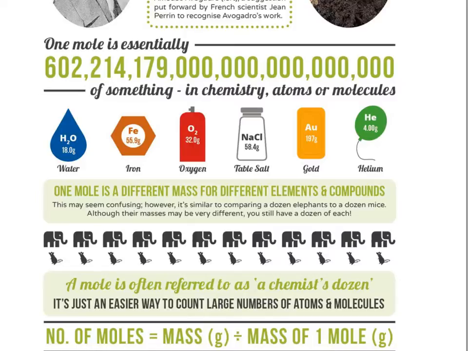The mole is the chemist's dozen because when we talk about a mole of oxygen molecules, which is equivalent to 32 grams, that allows us to talk about something on a scale that has more meaning to us. The mole is an easier way to count large numbers of things.